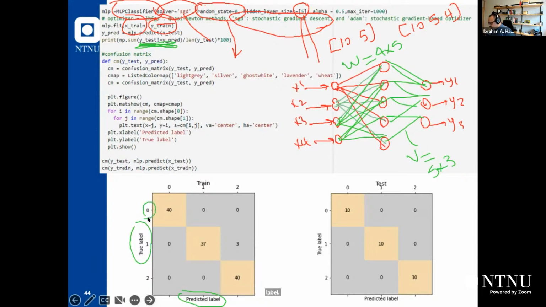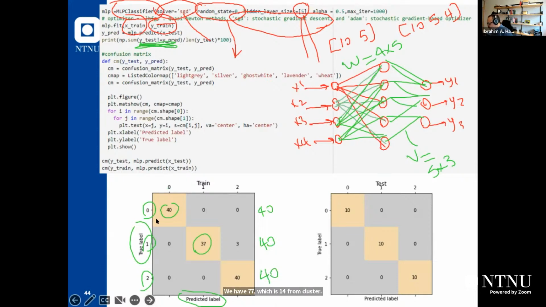We have class 0, class 1, class 2. This number, what does this one mean? It's 40 from class 0 classified as 0. This one, 37. I guess we didn't use stratify here because number of classes is different. No, this is correct. We have 40 from class 0. From class 1, we have 37 plus 3, which is 40. From class 2, we have 40, right?